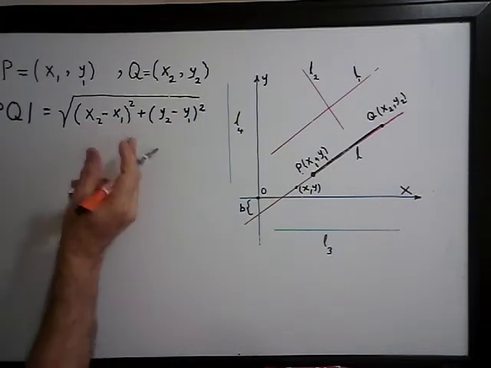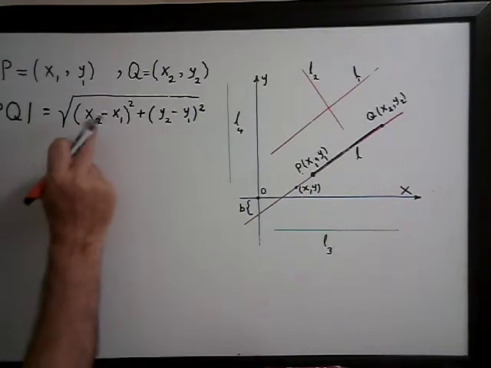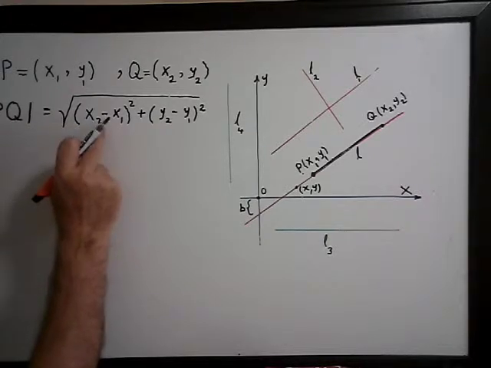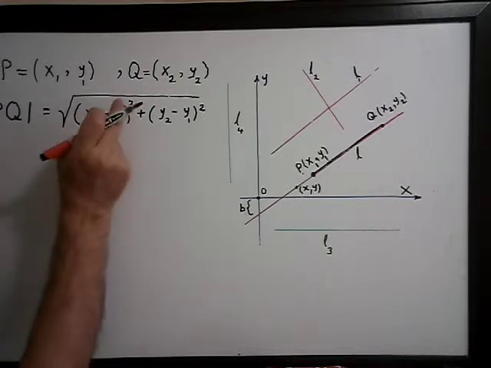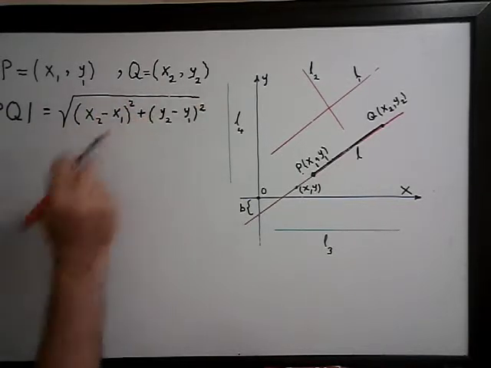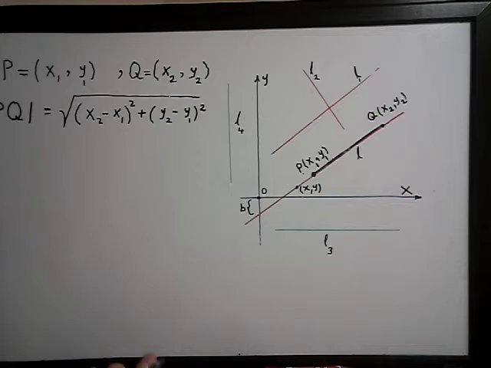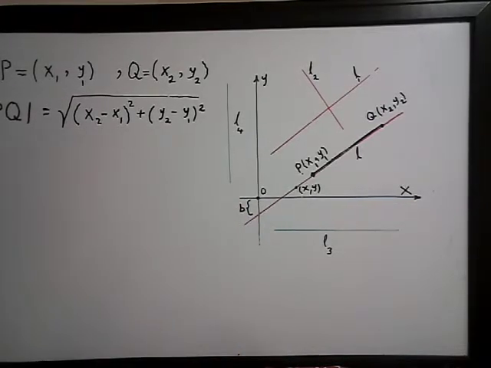It doesn't make any difference if you start writing x1 minus x2 or x2 minus x1, because here it is squared and this will remove any negative on the quantity.